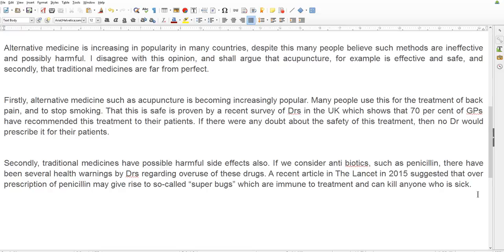So what I need now is another sentence to explain this. As a consequence, even though penicillin has been regarded as a safe traditional medicine, make it present perfect, because maybe it isn't now.